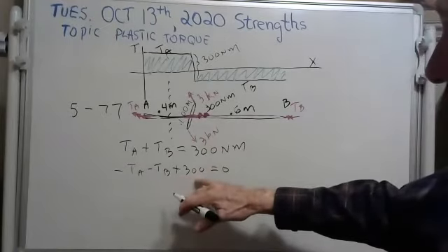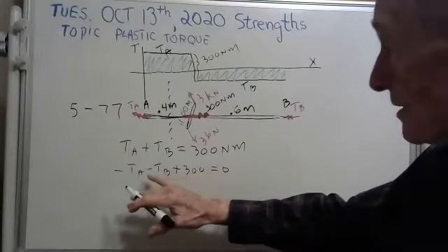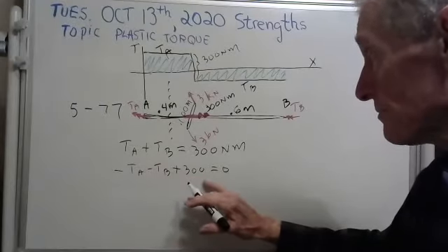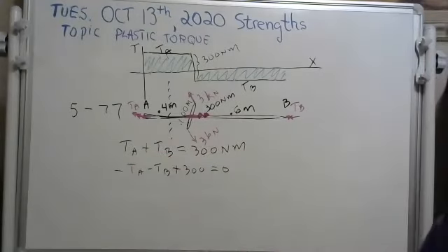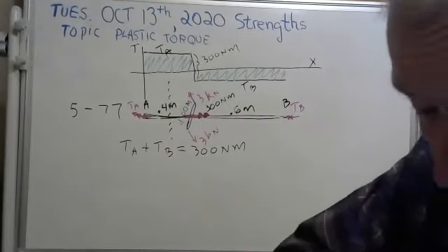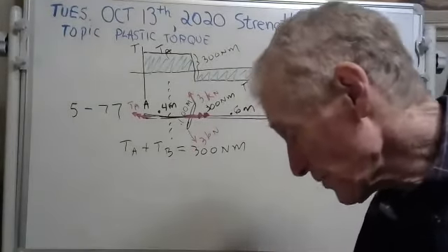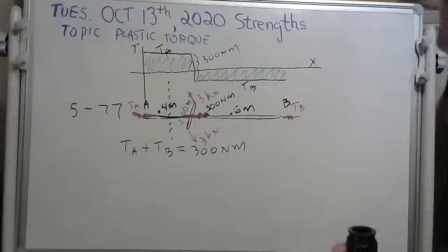I think this is correct though, isn't it? See, if you change the signs on all these, that makes that a minus, and put it on the right side, it's a plus. But that's what it amounts to. Those two have to add up to 300. Y'all, little Southern talk, y'all understand that? That's your statics equation. But you can't solve it because this problem is statically indeterminate. You need another equation.